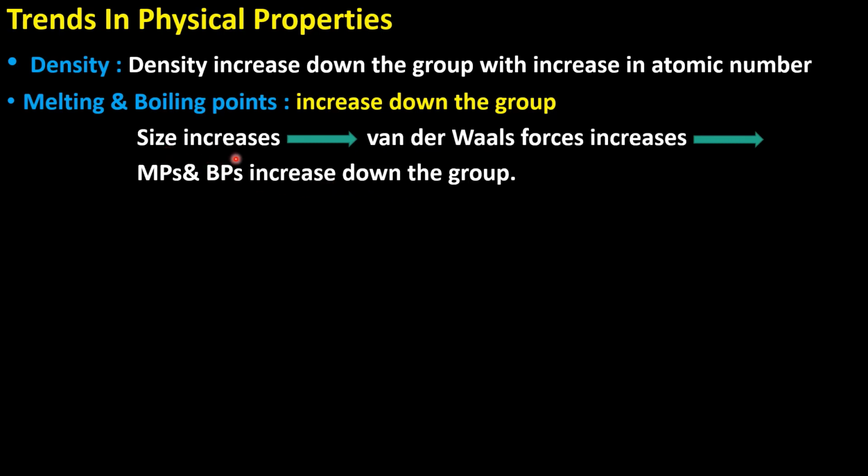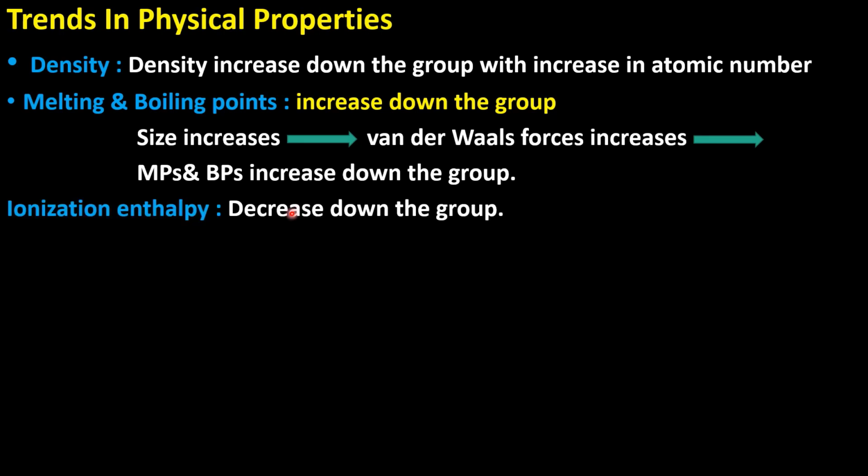This is because the size of the atom increases as atomic number increases down the group. As size increases, the interatomic van der Waals forces increase. So as the attractive forces, that is van der Waals forces, increase, melting and boiling points increase down the group from oxygen to polonium.